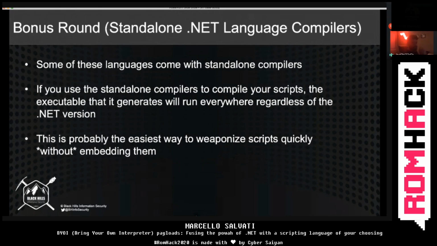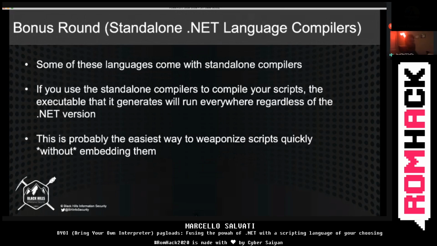So, bonus round. As I said before, .NET is a set of tools that allows you to build your own language. Some of these tools also allow you to build your own compiler for that language really, really easily. Incredible, right? Boolang, for example, is a perfect example because it comes with its own compiler.